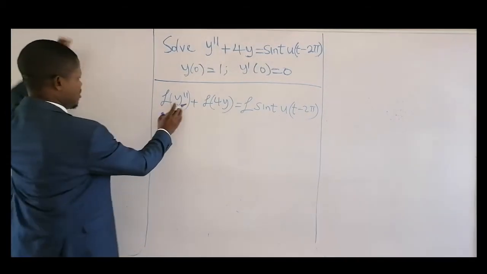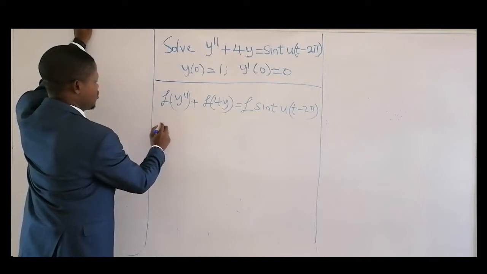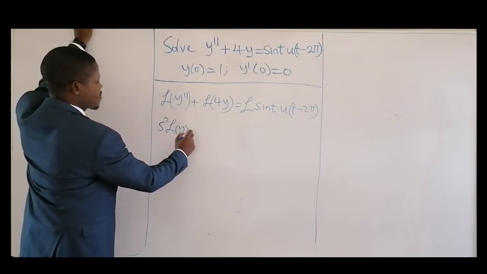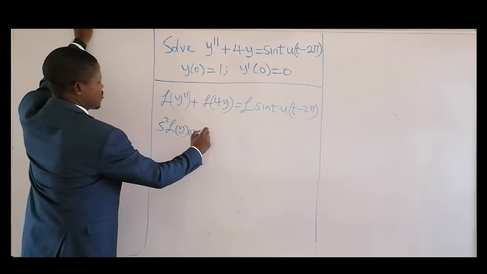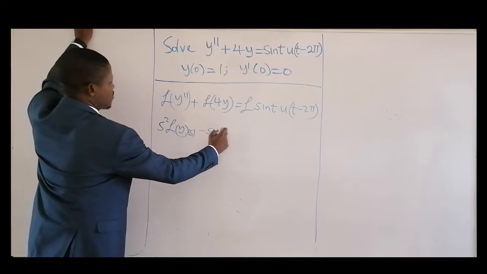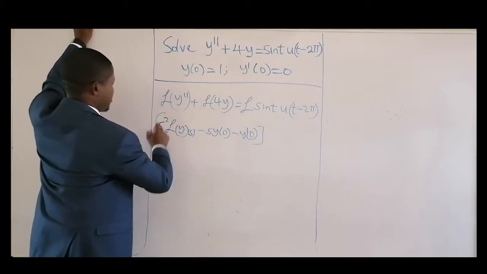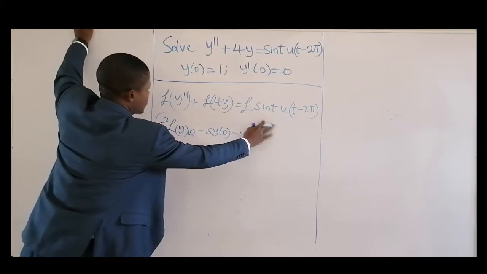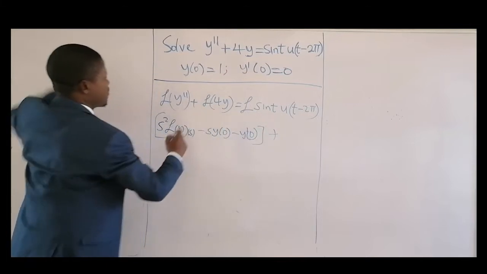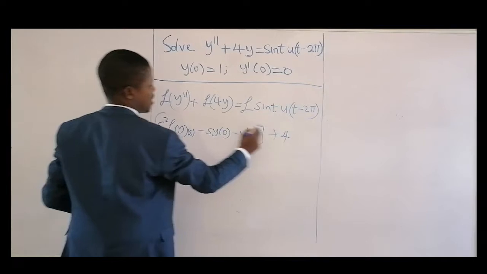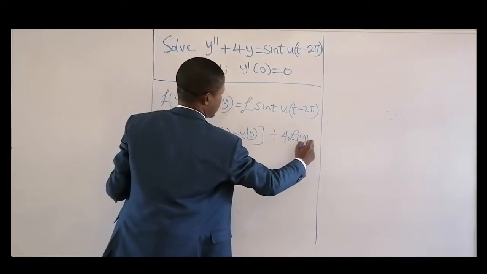This will give us the Laplace transform of the second derivative, which is s squared Laplace of y, then minus s y(0) minus y'(0). That is for the second derivative. Then plus 4, which can be taken outside, and then Laplace of y.